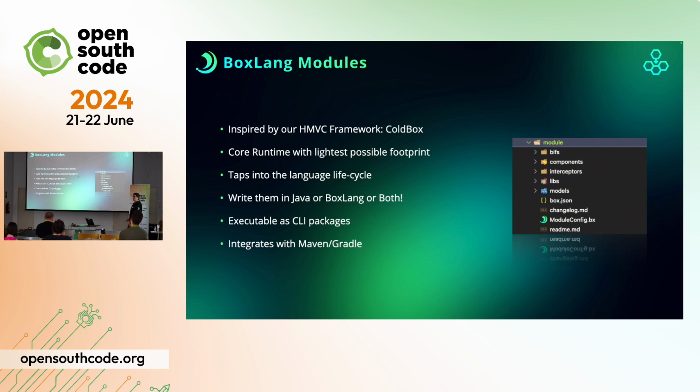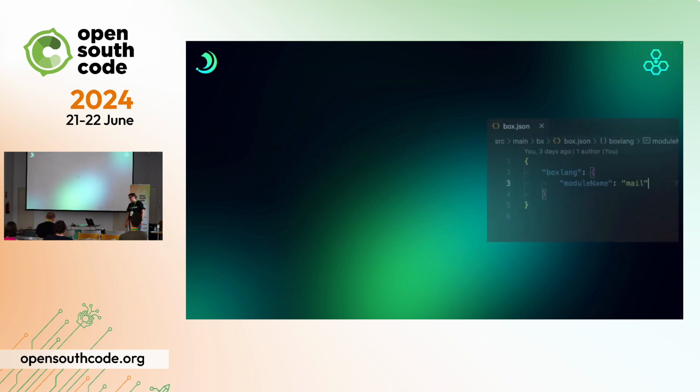They integrate with Maven or Gradle if you're using any type of Java tasking. But it allows you to basically collaborate built-in functions, tags or components, interceptions, different Java libraries, completely isolated, right? And even model objects, just objects you want to basically distribute to your users, okay?